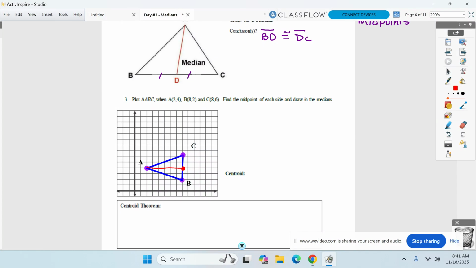One median down, 2 more to go, and that's on to you guys. You're going to have to find the midpoint of AC, plot it, and draw in the median from B. Then do the same thing for side AB, and draw in your median coming from vertex C. We just used the midpoint formula last week, so hopefully we remember.